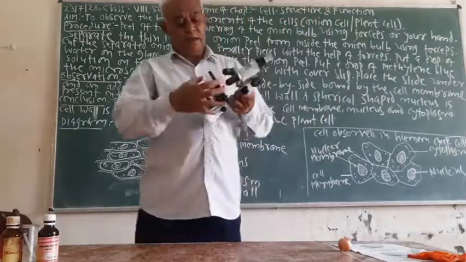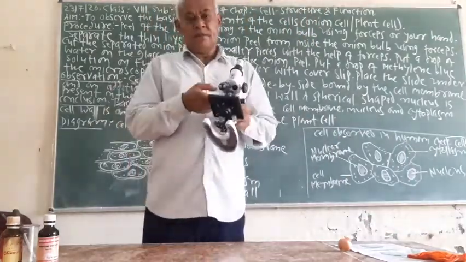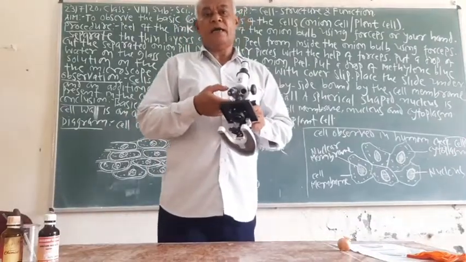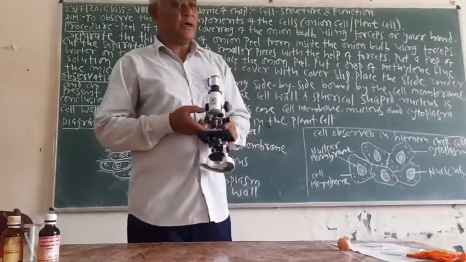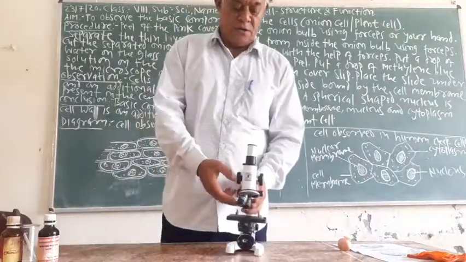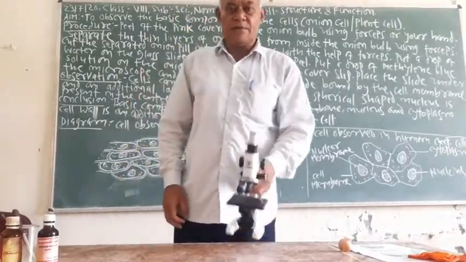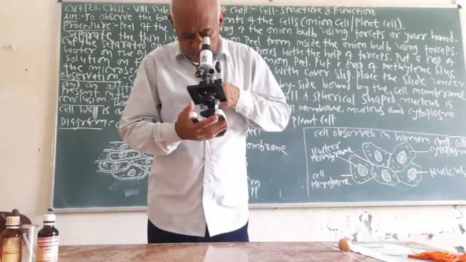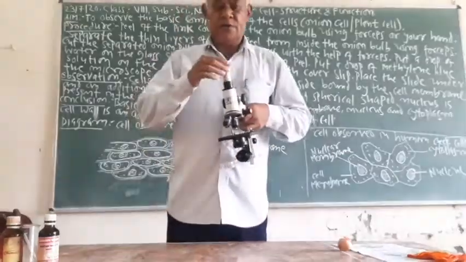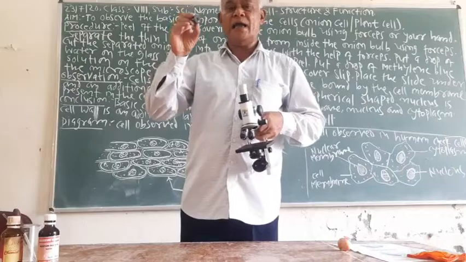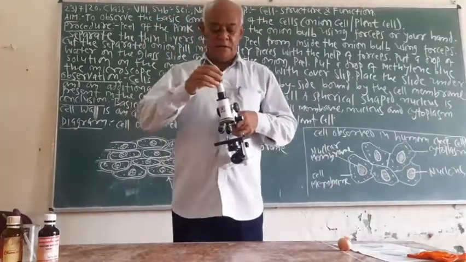Now this is the lens called the objective lens because it is near to the object, and to observe the object under the microscope we observe from this side. So this is the eye lens or eyepiece.